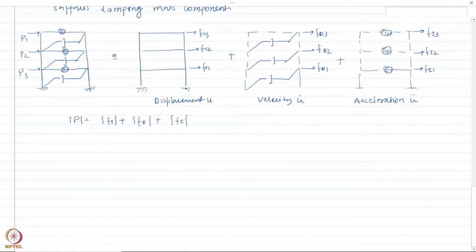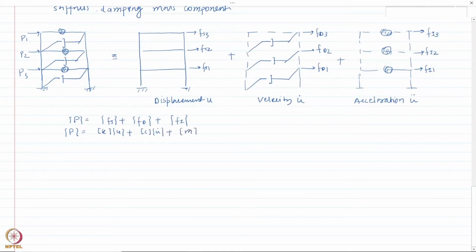Now we already know the same expression we had used for the single degree of freedom system. Here we can write this, remembering Fs we have found as the stiffness matrix times the displacement vector. The damping forces Fd we have found as the damping matrix times the velocity vector.